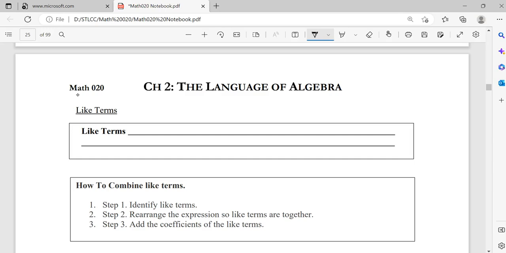So that's what we're going to write: like terms have exactly the same variables raised to exactly the same power.